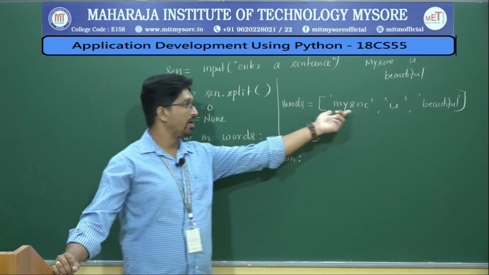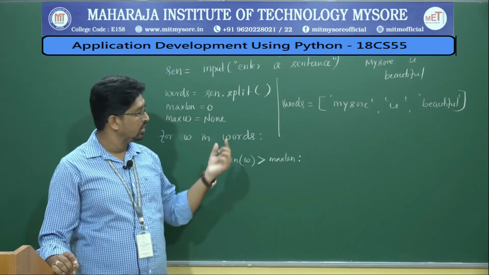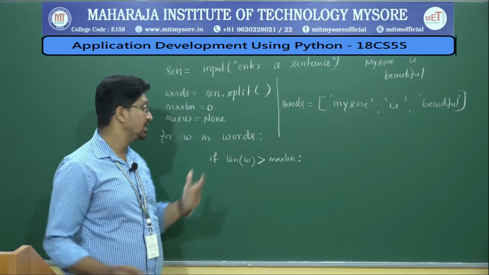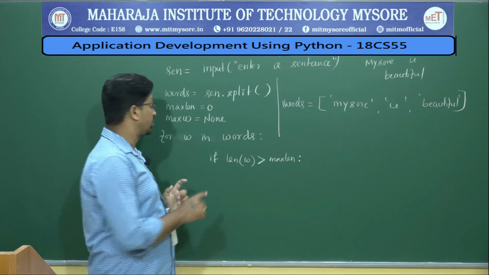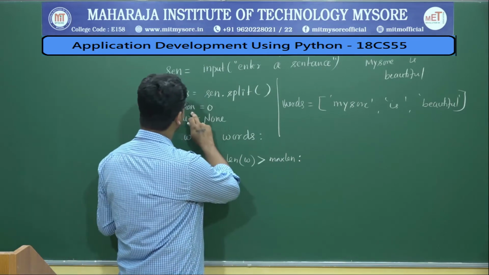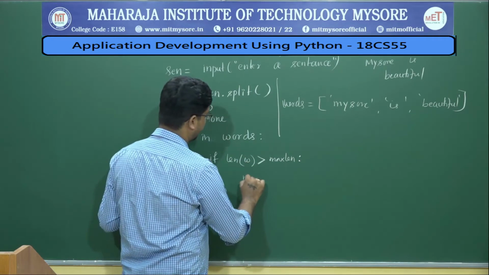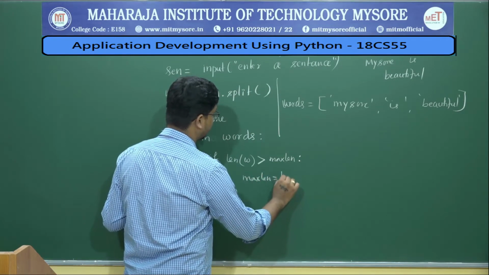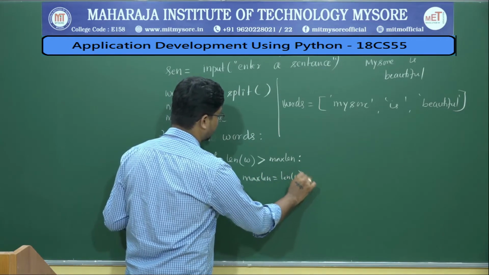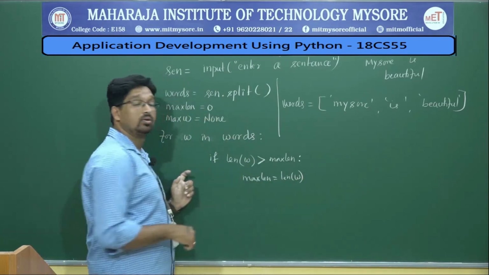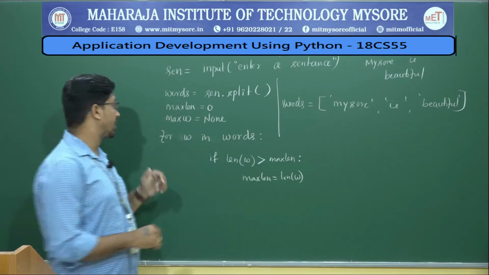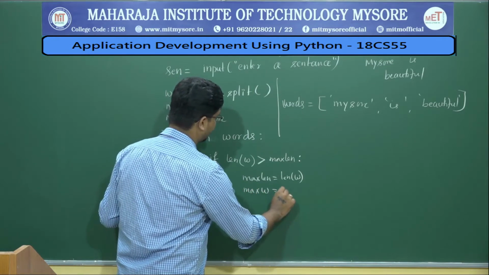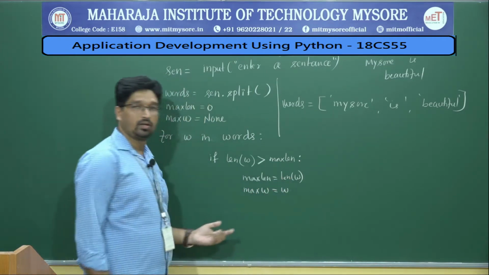w will be pointing to Mysore. What is the length of Mysore? It is 6 characters. Is 6 greater than 0? Yes, obviously. Then you should reassign the maximum length: max_len is equal to len(w), and you need to store the word also, max_word is equal to w.